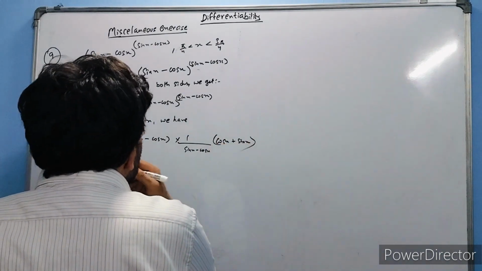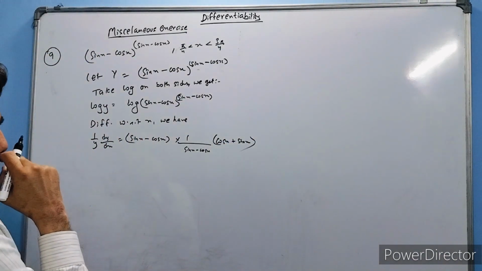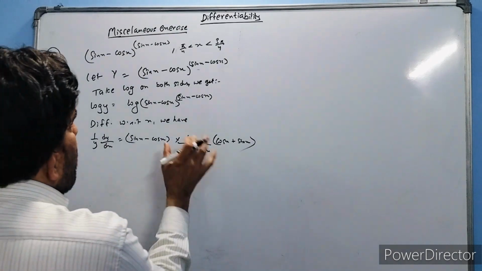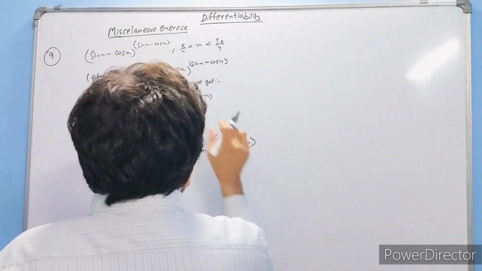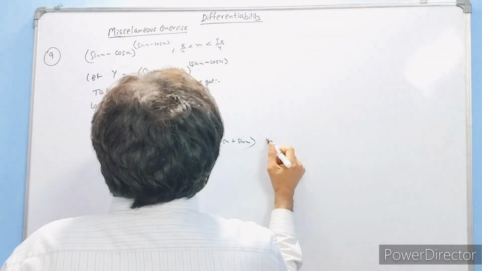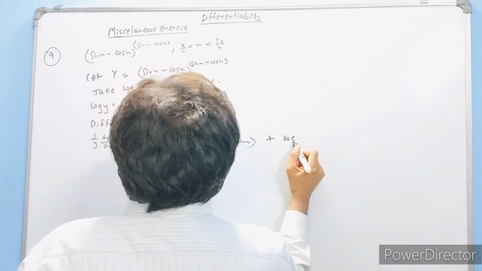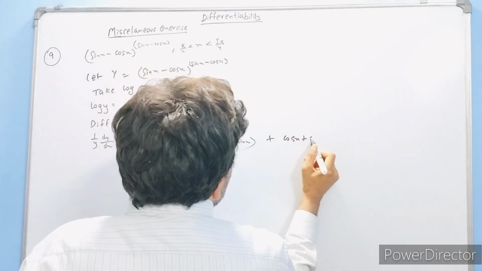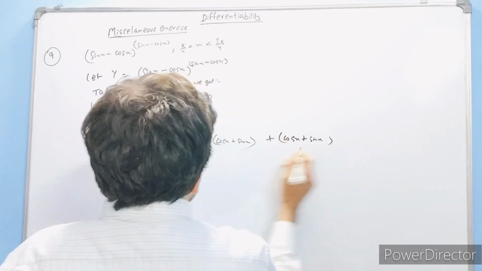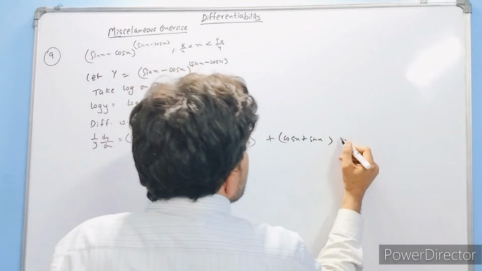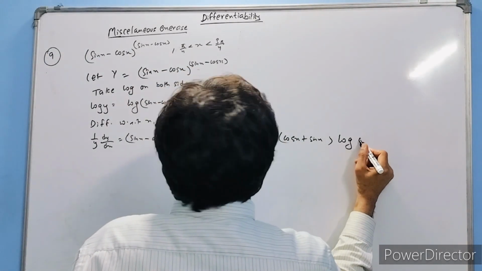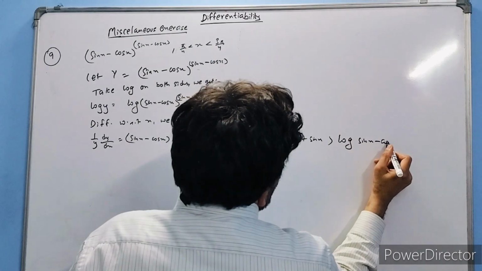Now we'll leave this as it is and differentiate the other, so we get plus cos x plus sin x, and it will be the same, we'll write it as log of sin x minus cos x.